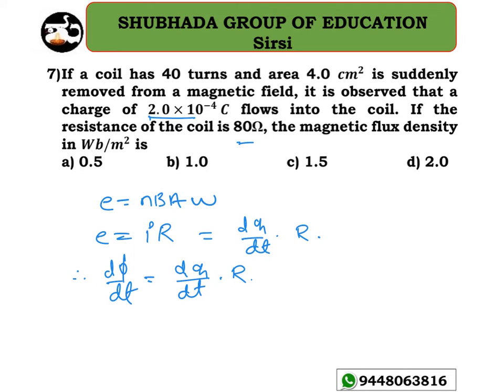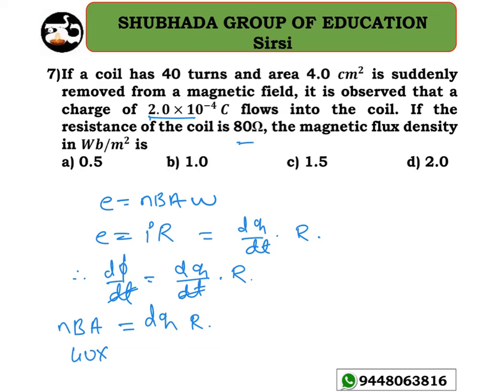Clear? So now dt cancelled here. So the only varying flux here is just a varying flux. I can say that it is B into A, into N, or NBA, that must be equal to dq into R. So therefore N is the number of turns, 400, and the magnetic field is how much now here?